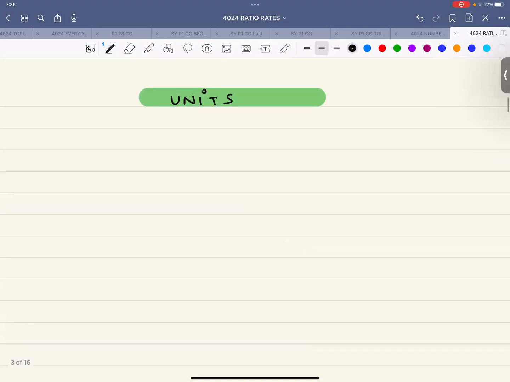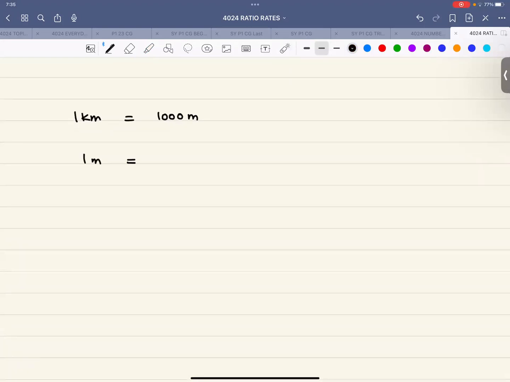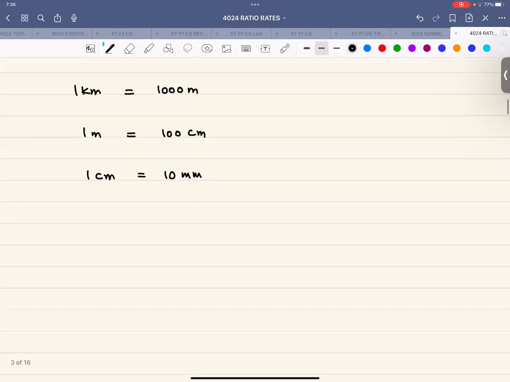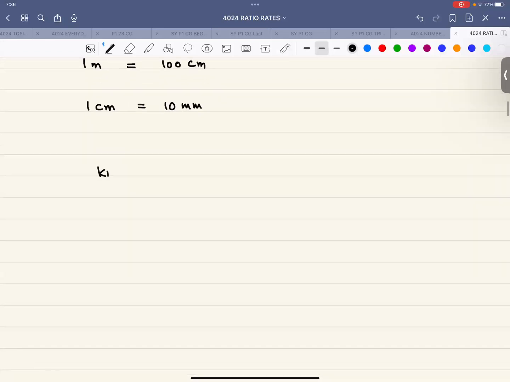We know that 1 kilometer equals 1,000 meters equals 100,000 centimeters equals 1,000,000 millimeters. So this is the conversion that's needed. Now if I write kilometers, meters, centimeters, millimeters, to convert from kilometers to meters, multiply with 1,000, meters to centimeters, multiply with 100, centimeters to millimeters, multiply with 10.